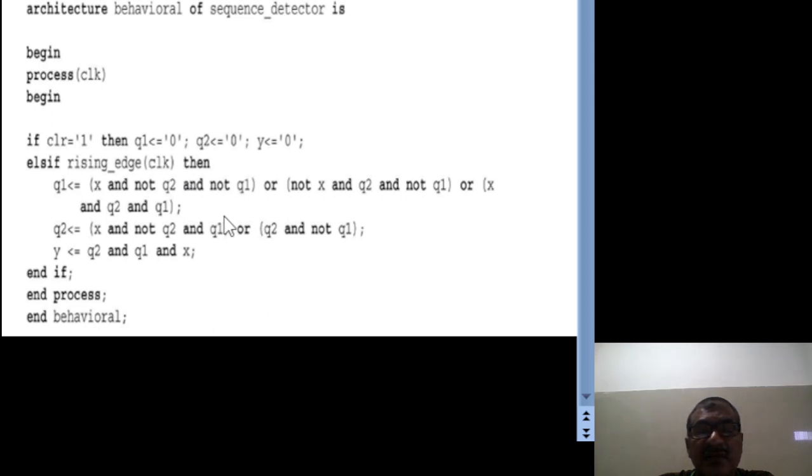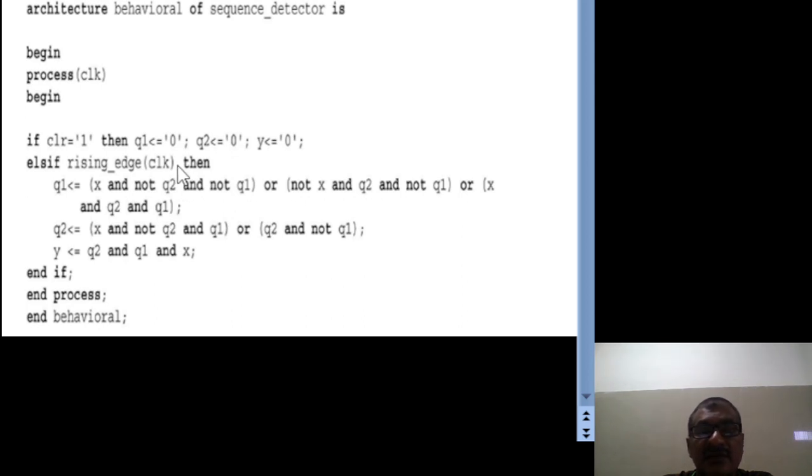Q1 equals, from the previous equations, we can write it as X and not Q2 and not Q1, or another product term, this is the third product term, or, and this is the second product term, first product term, second product term, third product term.